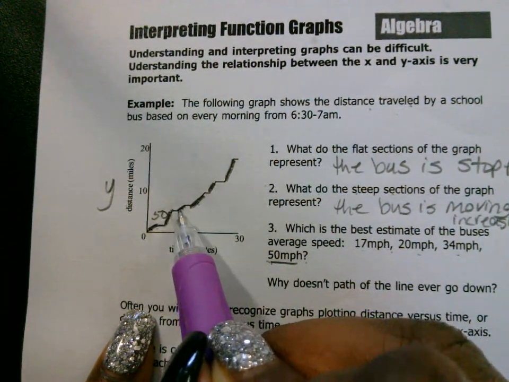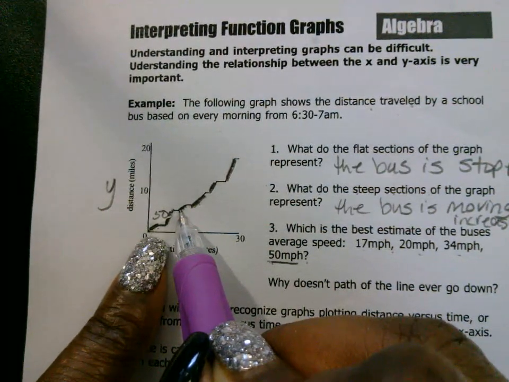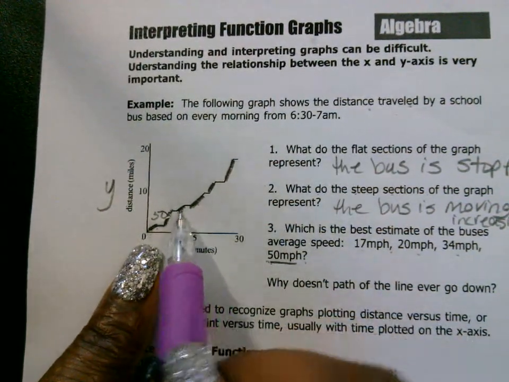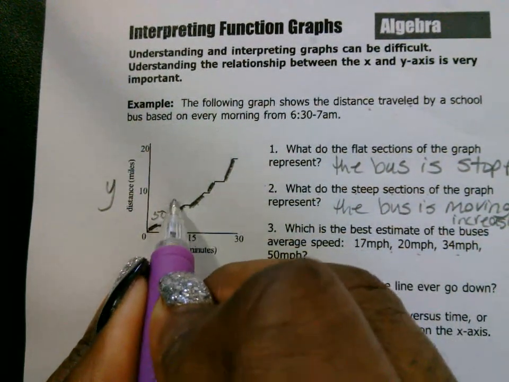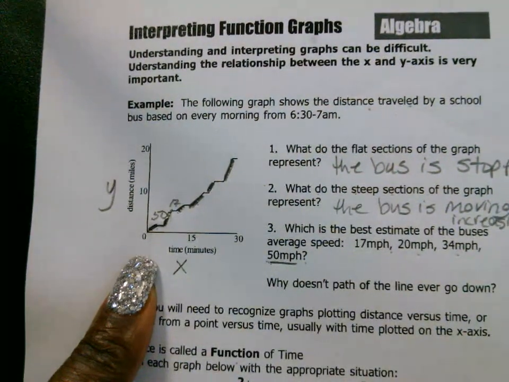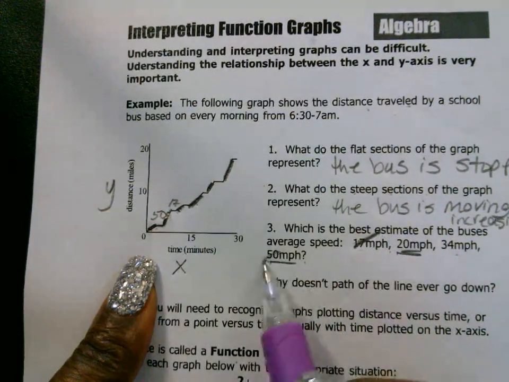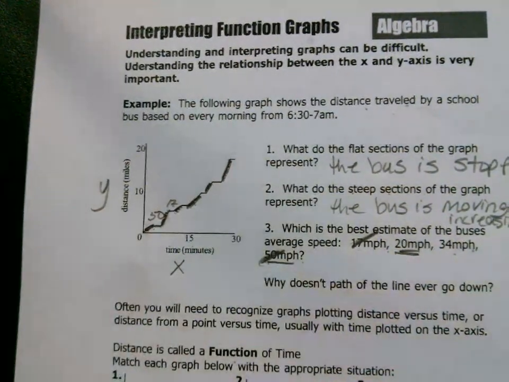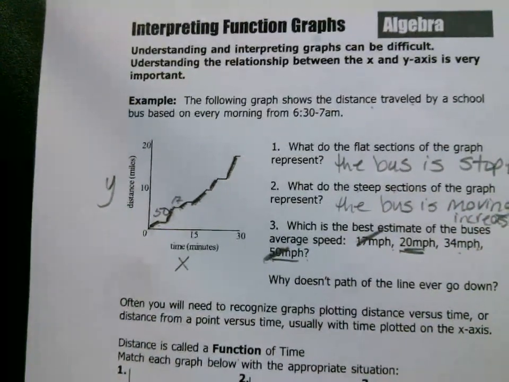This one's going a little bit slower because it's not as steep. Probably maybe this one. That one's a little less steep than the other. That was a good guess though. So I would say this one's 17 because it's the least steepness. And so we now have 20 and 34. Which one would be 20, you think?